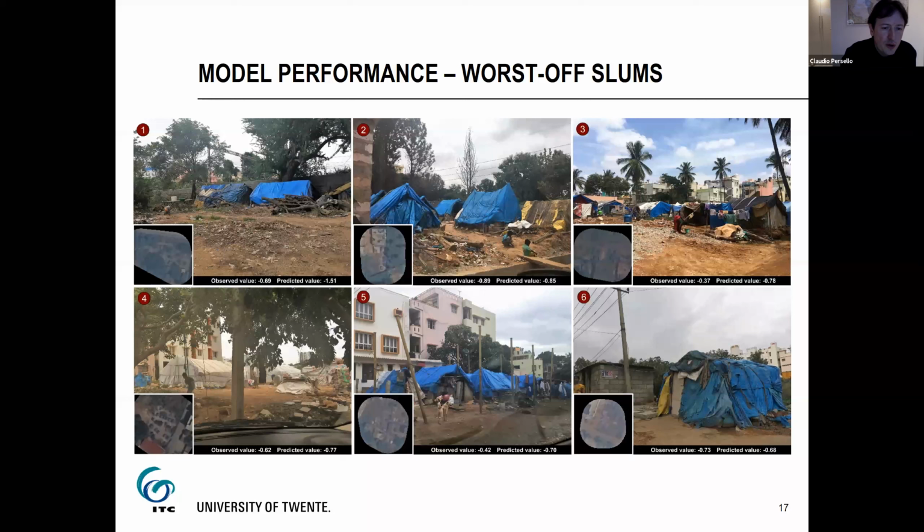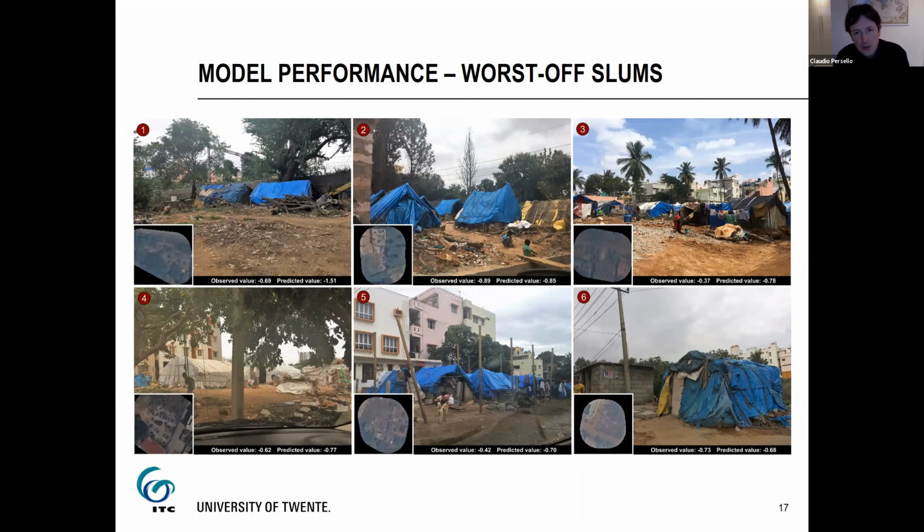You can see also for each of those pictures the observed value, which is extracted using the household data. And you can also see the predicted value obtained by the CNN-based model. Of course, there are some differences, but it shows that there is a general agreement of the predictions of our CNN-based model.